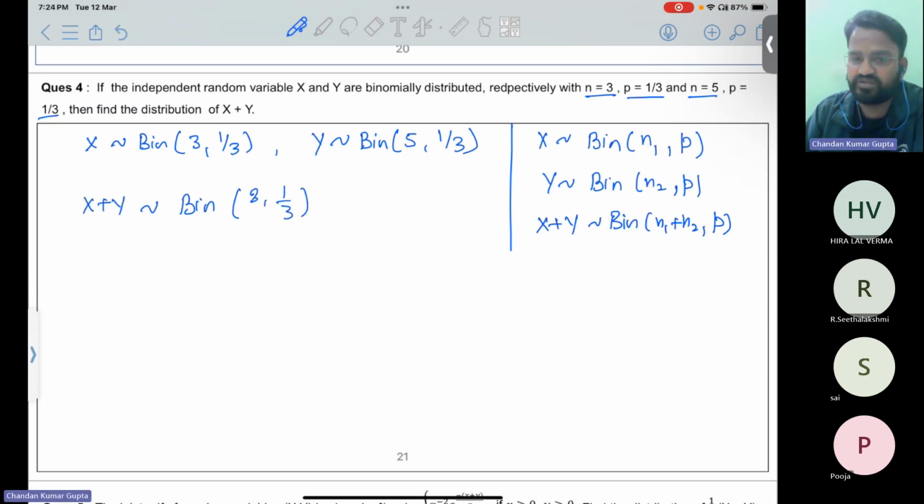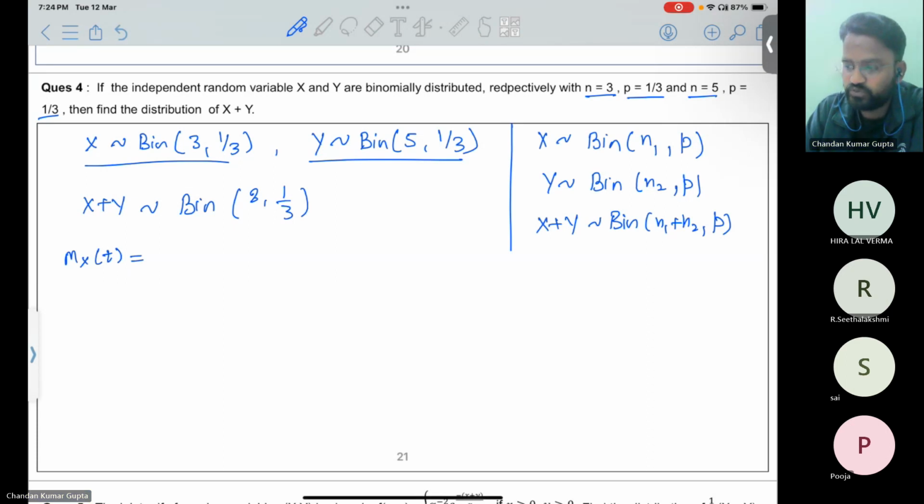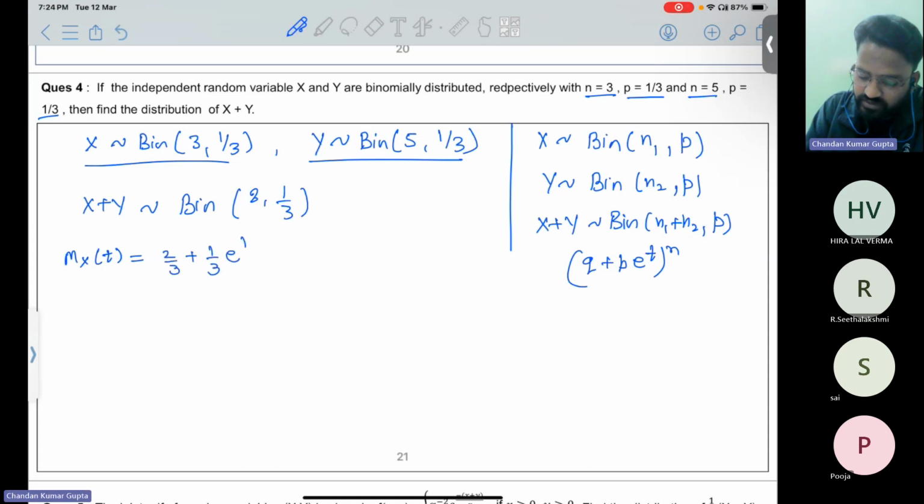You may directly use this, or you may use the MGF approach. Here x follows this and y follows this. That means Mx(t) equals (q plus p e to the power t) to the power n, that is 2 by 3 plus 1 by 3 e to the power t, to the power 3, and My(t) is 2 by 3 plus 1 by 3 e to the power t, to the power 5.